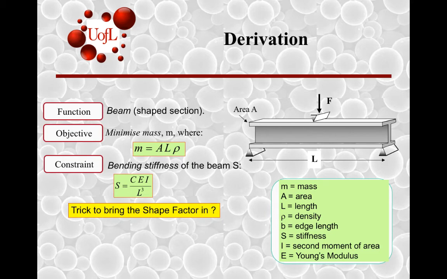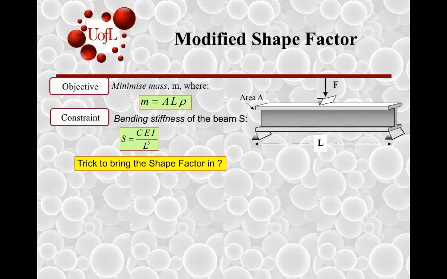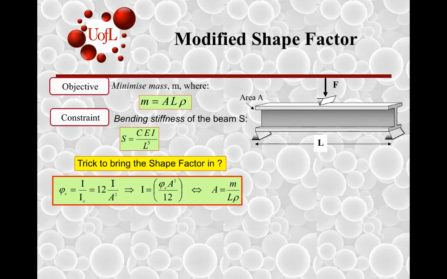So how do we bring the shape factor in like we did for the strength limited design? In order to do that, we have to look at the fact that for a stiffness limited design, the shape factor is the ratio of the area moment divided by the area moment for the reference square cross-section material, which is 12I divided by A square.